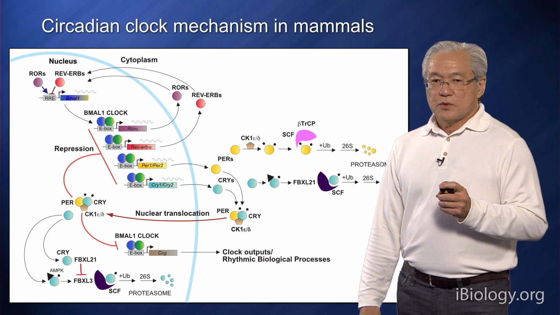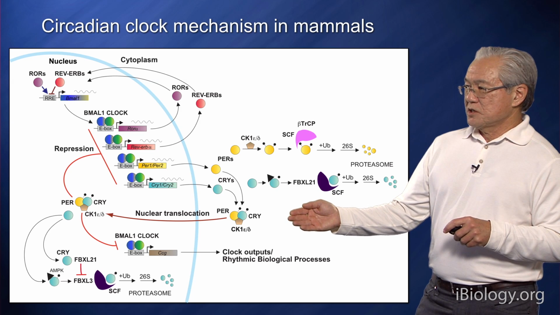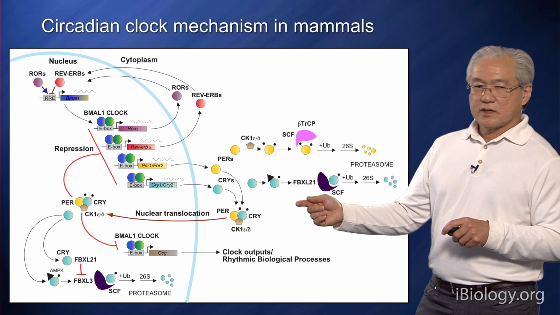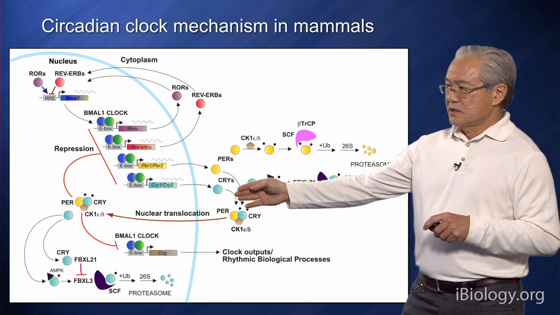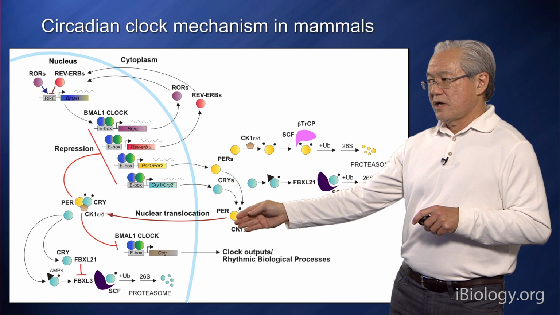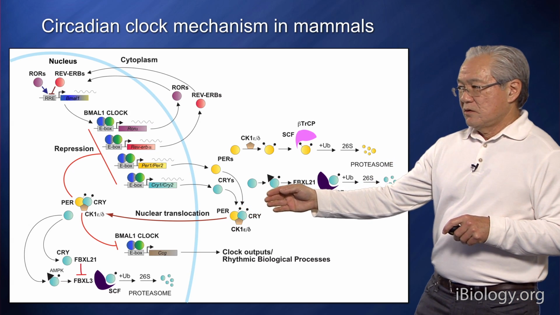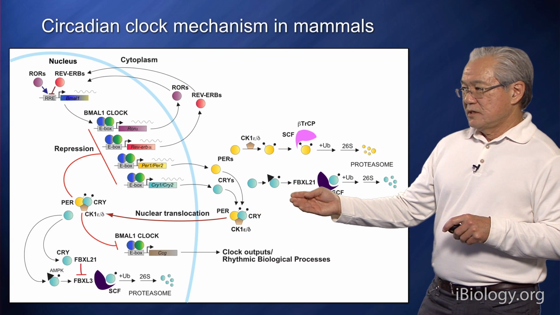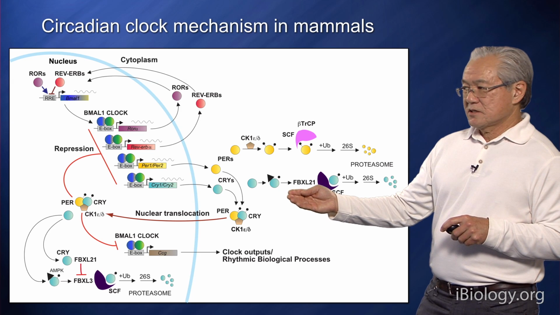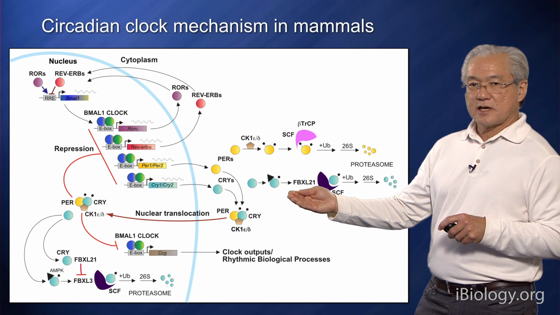Okay, so this has really led to a revision of our clock gene network shown here. This is the core clock BMAL per cry feedback loop. And now we've modified the diagram so that FBXL21 is really the primary E3 ligase in the cytoplasm.